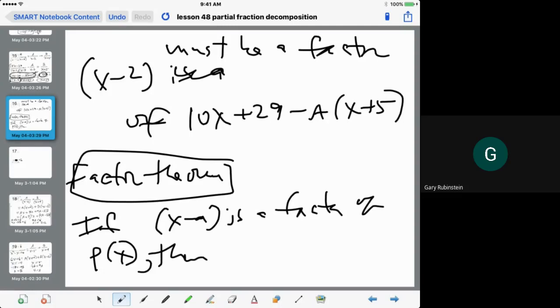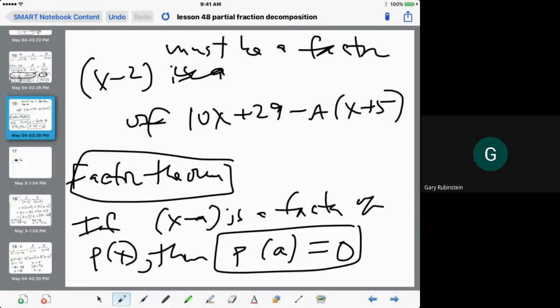Yes, and p of a equals the remainder. So put those two things together. Riley says the remainder is 0. Willis says p of a equals the remainder. Put it all together. Equals 0. Thank you. That's the factor theorem. If x minus a is a factor, then p of a equals 0.